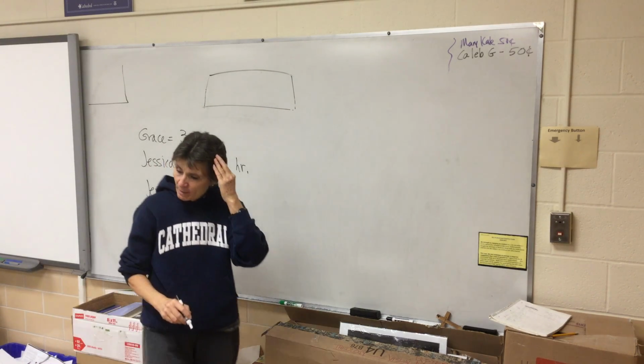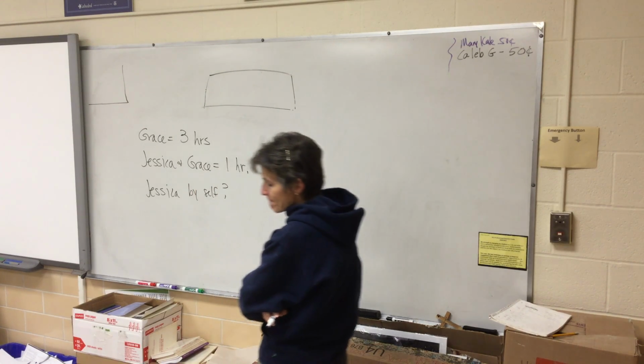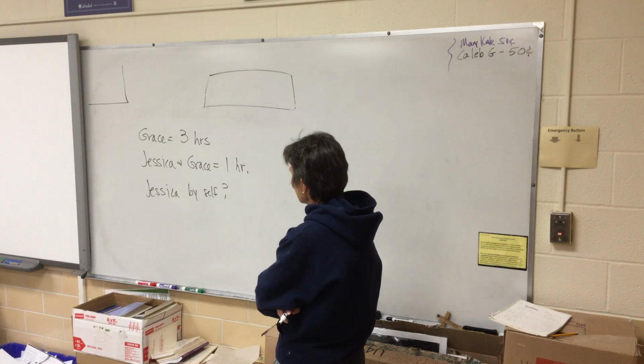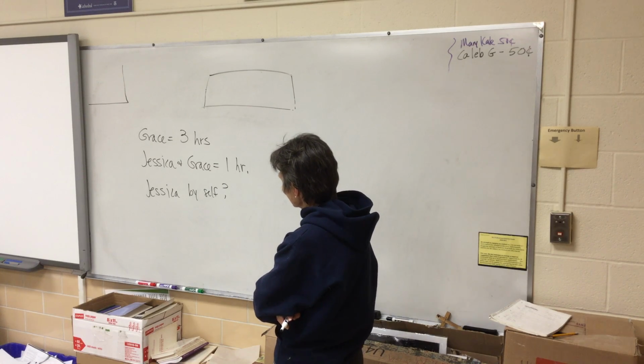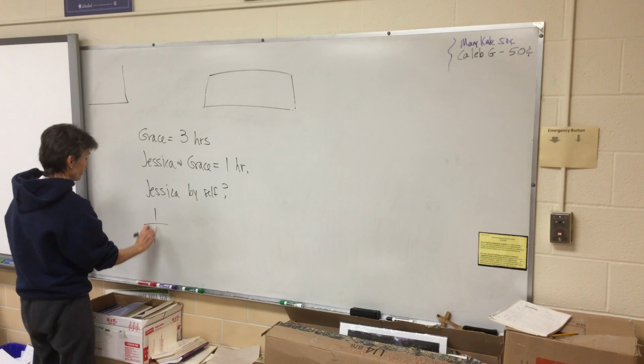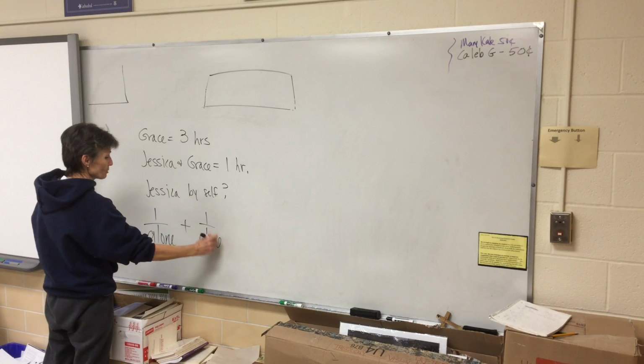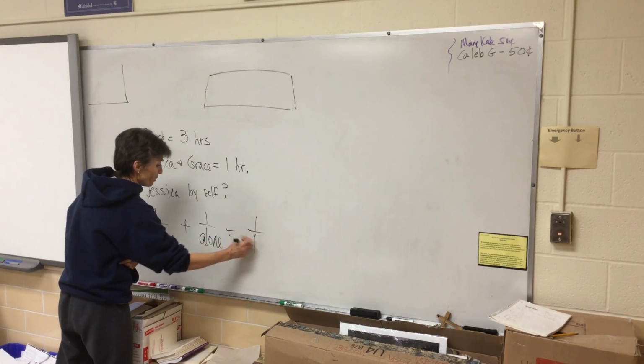All right, so everybody knows what I'm talking about. What's the setup? 1 over alone. Yep. So 1 over the first person alone plus 1 over the second person alone equals 1 over them together.